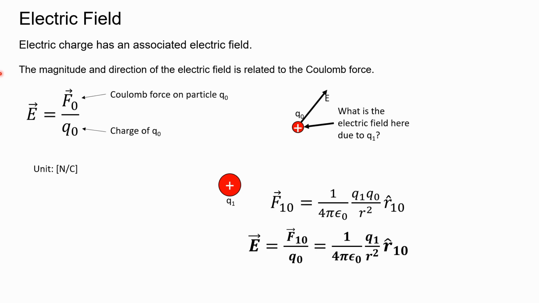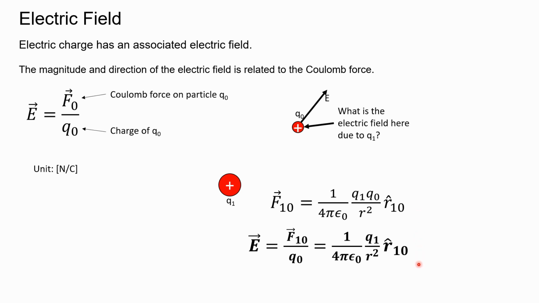What I can then do is calculate the force on this imaginary particle, Q0, and that force is going to be given by Coulomb's law. So F10, the force by Q1 on Q0, is going to be given by Coulomb's law, 1 over 4 pi epsilon naught, Q1 Q0 divided by r squared, times the unit vector r hat 10.